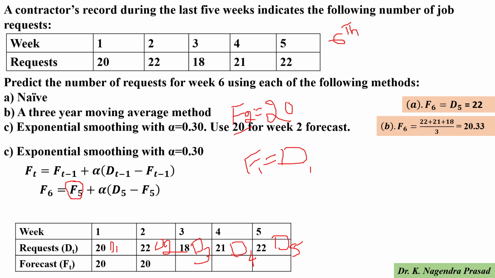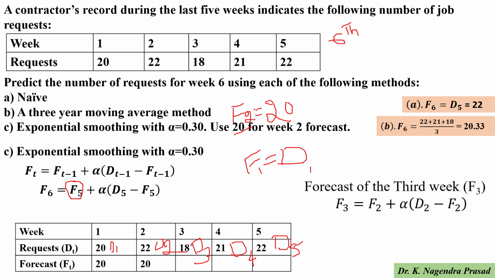First we determine the forecast of the 3rd week. F3 equals F2 plus alpha times (D2 minus F2). Here the F2 value is 20, alpha is 0.3 and D2 is 22. Substituting, we get F3 equal to 20.6.